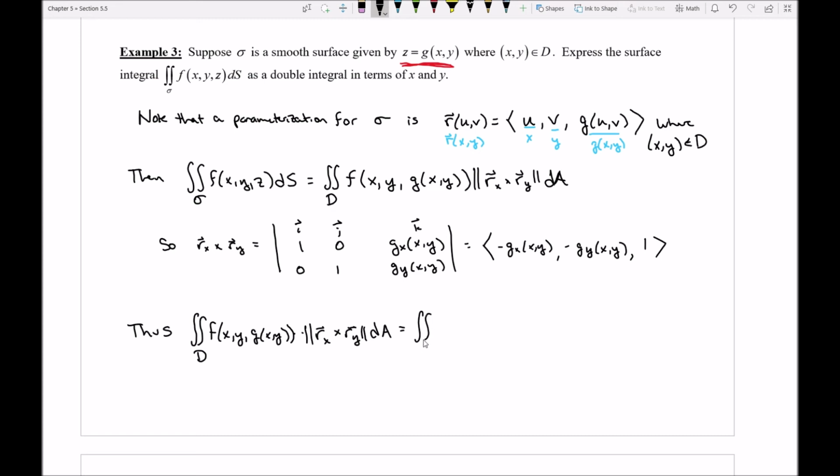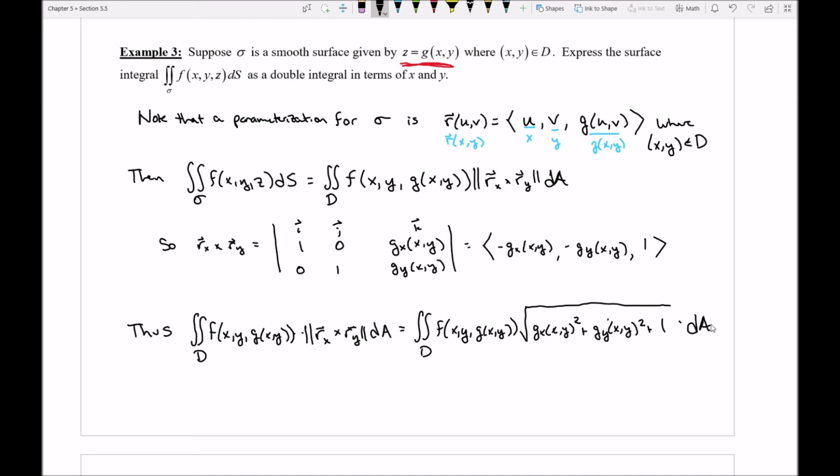This could now be redefined with g of x, y, but the magnitude of my cross product again is going to have this giant radical: the partial of g with respect to x of x, y, squared, plus the partial of g with respect to y of x, y, squared, plus the value of 1. And all of this can be multiplied by dA.